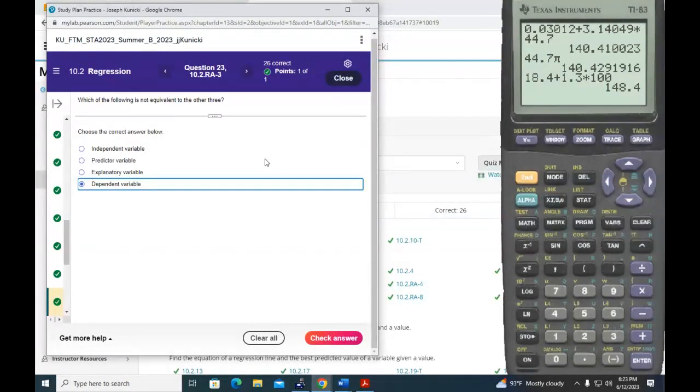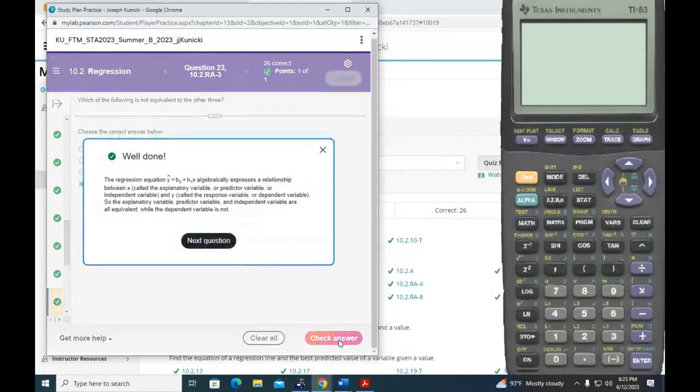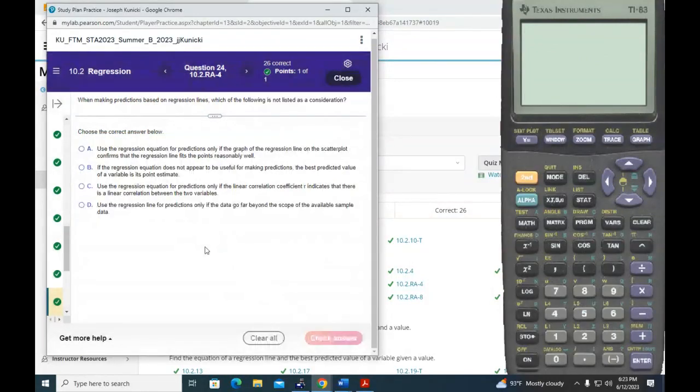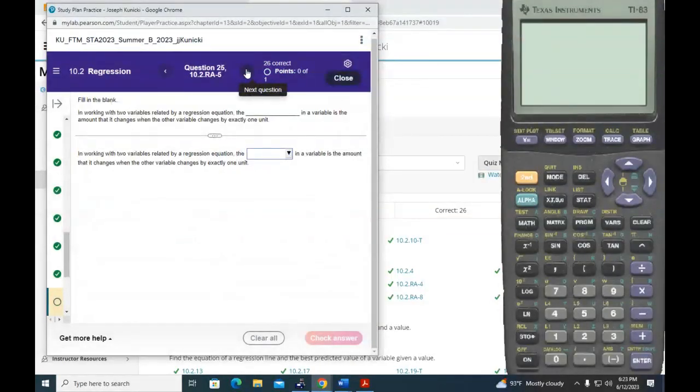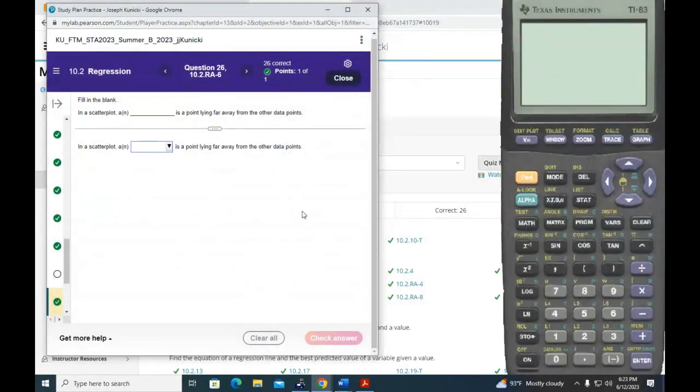Those are names for X. Remember, X is independent, Y is dependent. X explains what's going on with the Y. So dependent is the one that's not like the other 3. And then number 6. X is the explanatory or predictor.